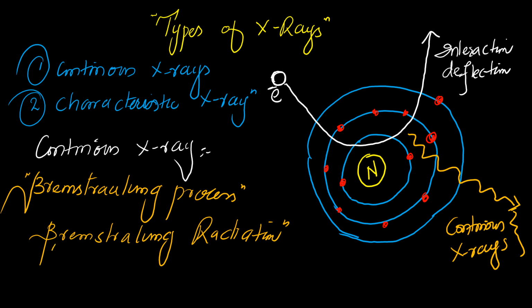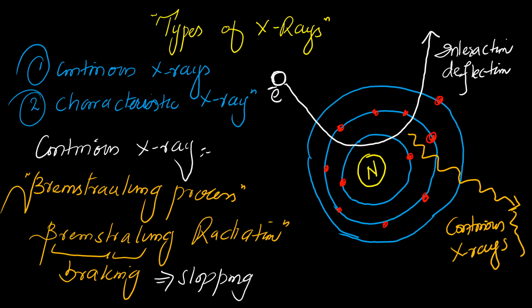The word Bremsstrahlung is a German word which means braking. Braking means stopping. So these radiations are produced due to deceleration, or stopping, or decrease in the acceleration of the incident electron when it passes through the nucleus of an atom.